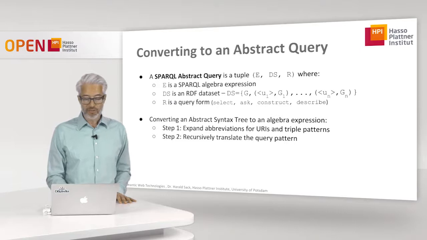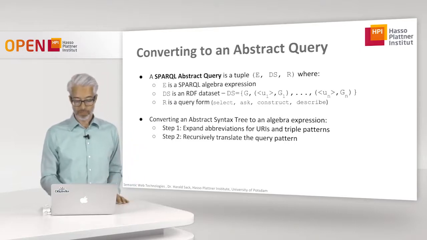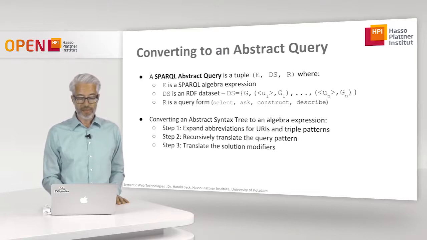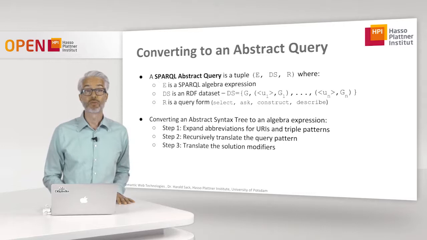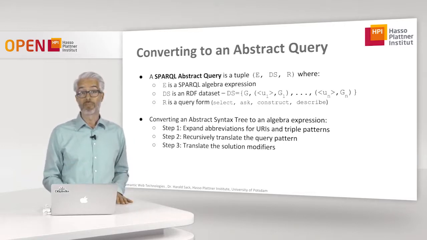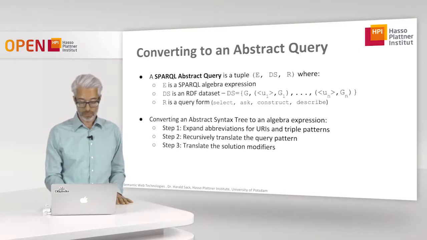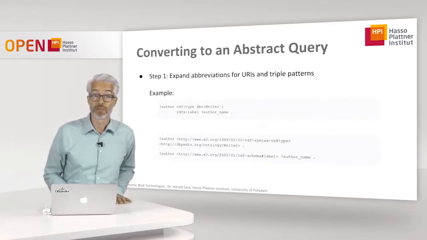After that, we have to recursively translate the query pattern into an abstract SPARQL query pattern. And then, in the end, we have to translate also the solution modifiers. And after that, we have an abstract SPARQL algebra expression. So let's start with the first step.